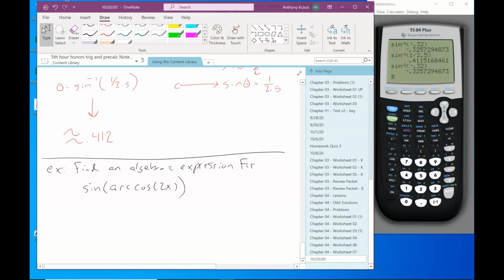So this is similar to a problem we've already done, the difference being here that we have not a number. We're going to end up with variable expressions, but that's okay.